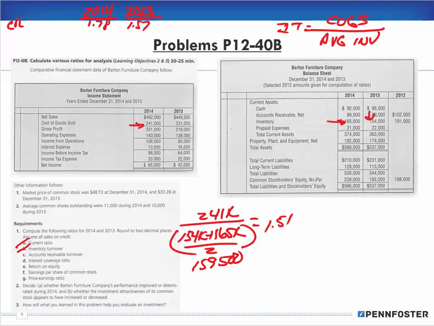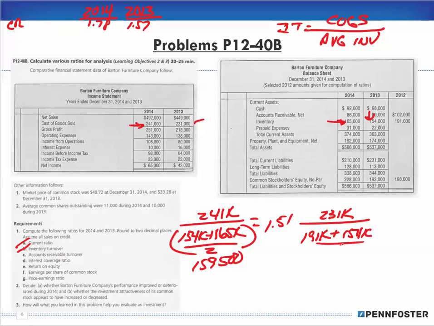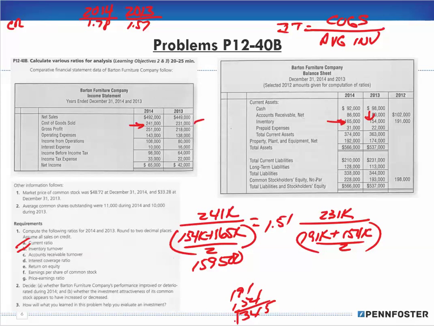Do the same thing for 2013. We have 231, and that's over our average inventory. Our ending from 2012 is 191 plus 154, all divided by 2. So 191 and 154 is 345,000 divided by 2.